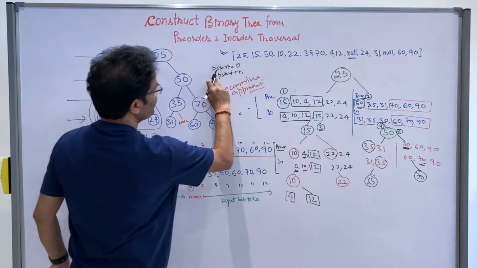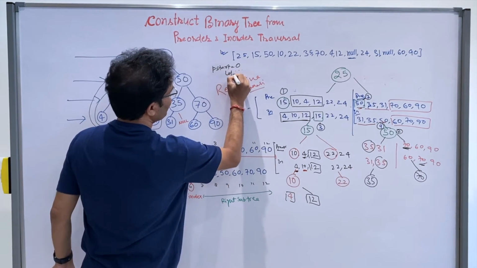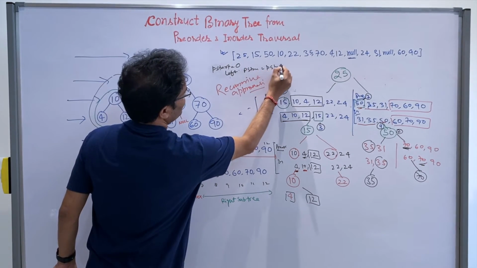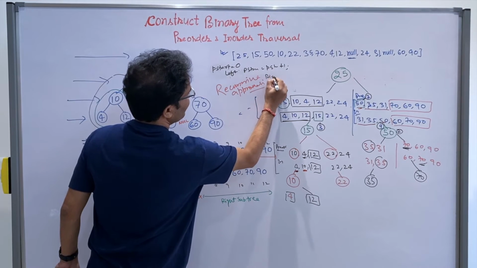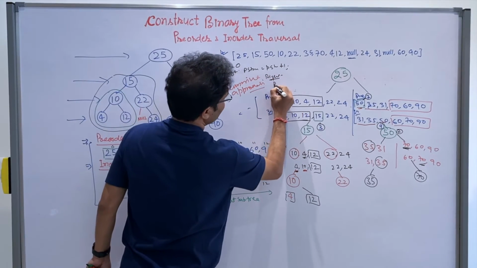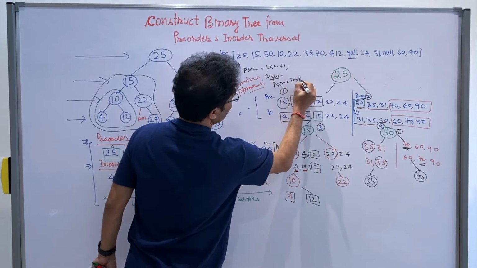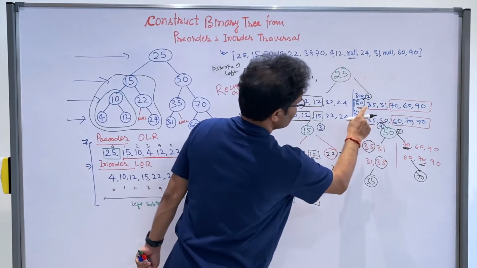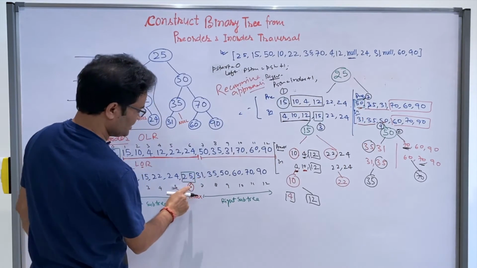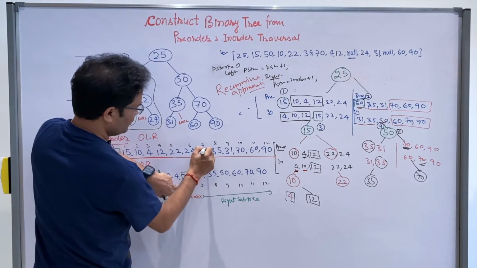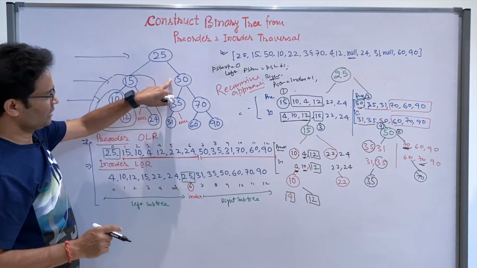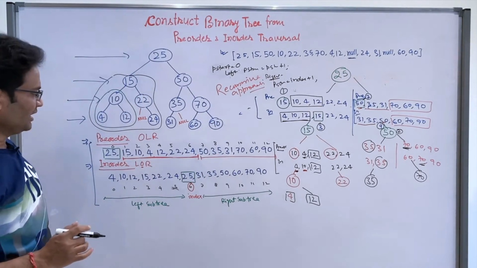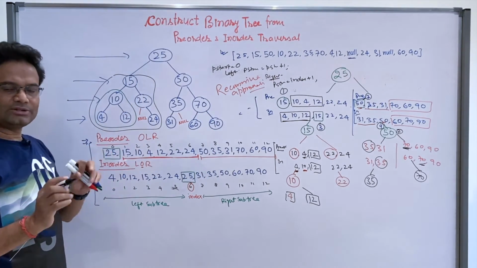So when you go the next time, your left side p start would be the previous p start plus 1, and for the right side your p start would be the index plus 1. What is our index? Index is 6, and this is 6 plus 1, 7. So we have to take from the pre-order so that we can get it, and these are the subtree root segments, right?